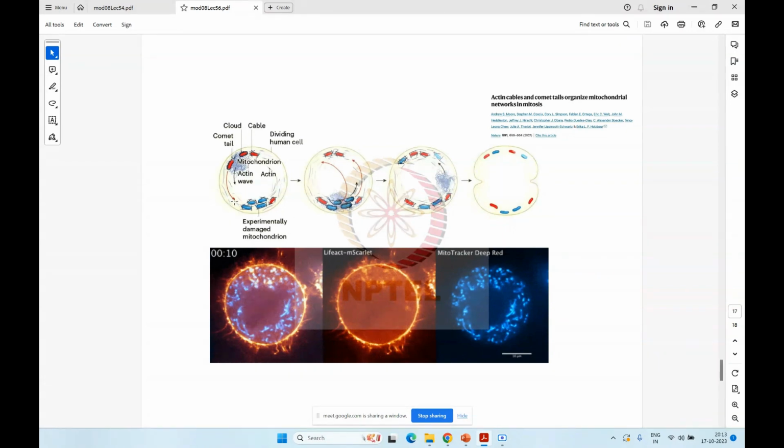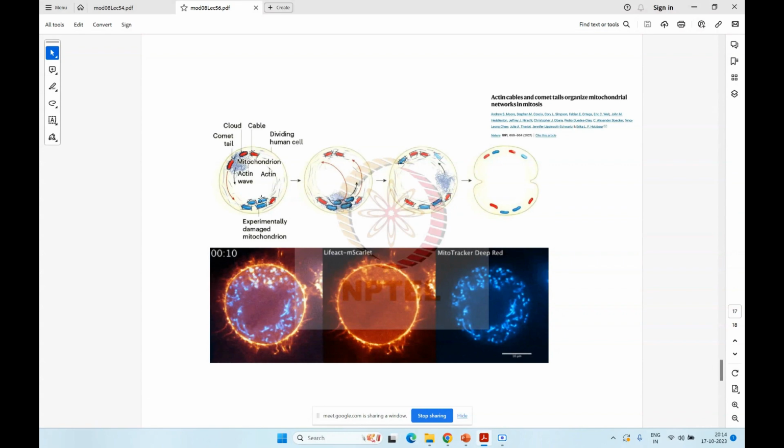There are certain damaged mitochondria present inside the cell, and these would redistribute throughout the cell, and both daughter cells would get parts of damaged and intact mitochondria.